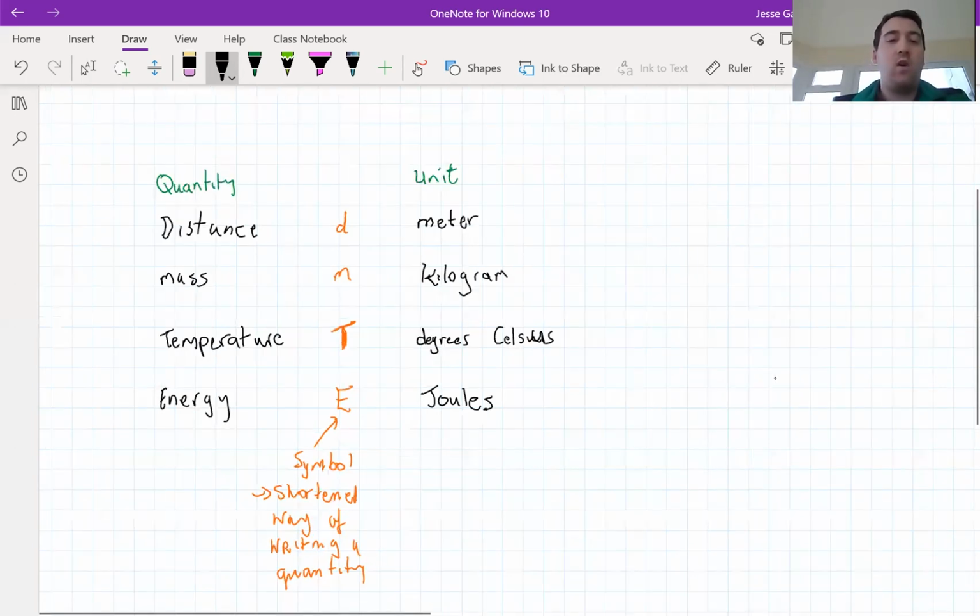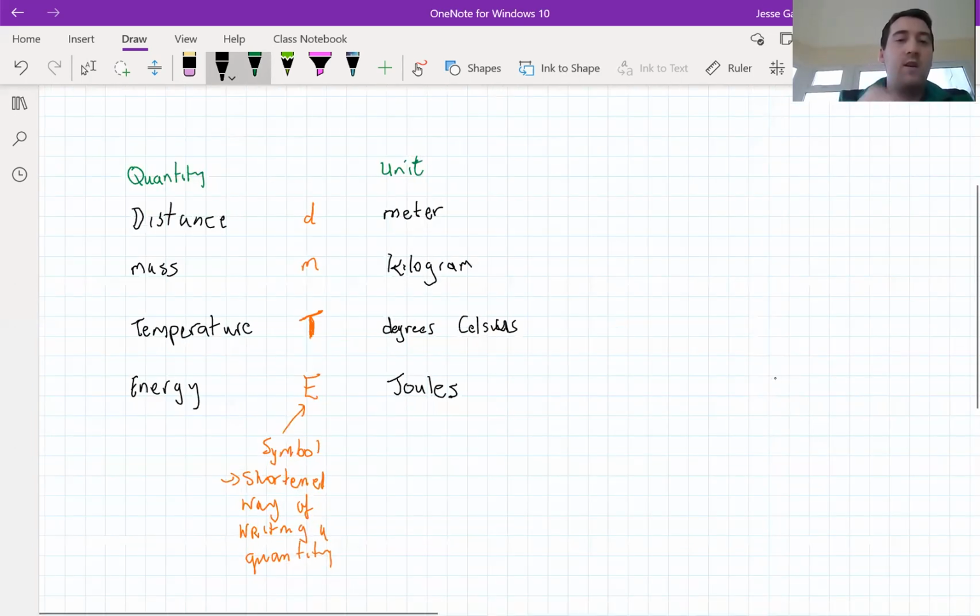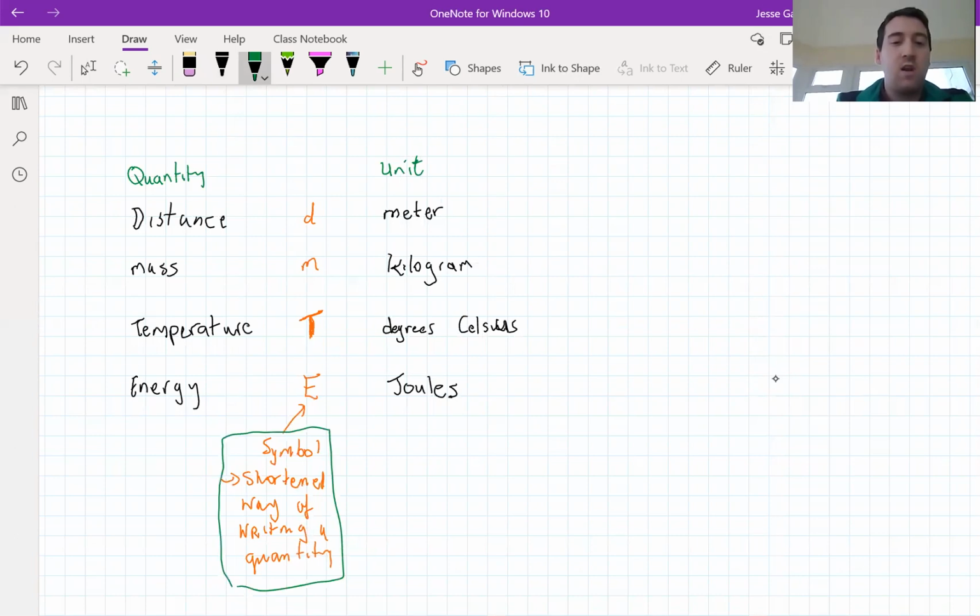Now, like I told you before, these were symbols for the quantity. So capital E was the symbol for energy. Sometimes, again, because I told you scientists are lazy, they like to have symbols for the units as well. So, for example, instead of writing the full word meter, scientists would sometimes write just little m.